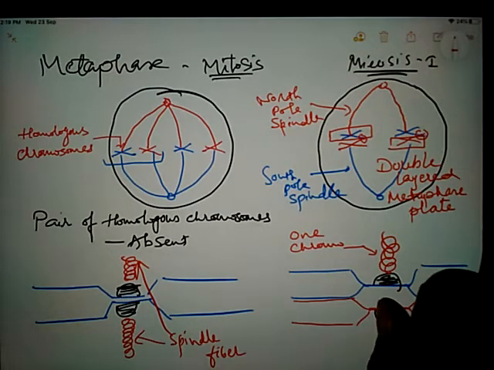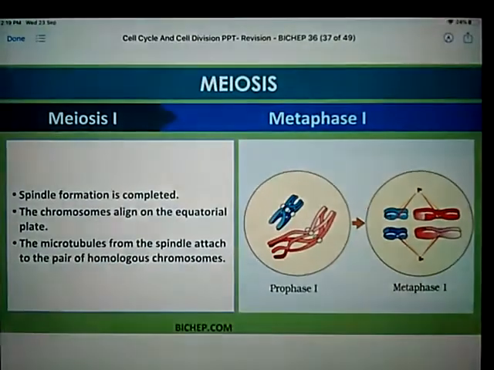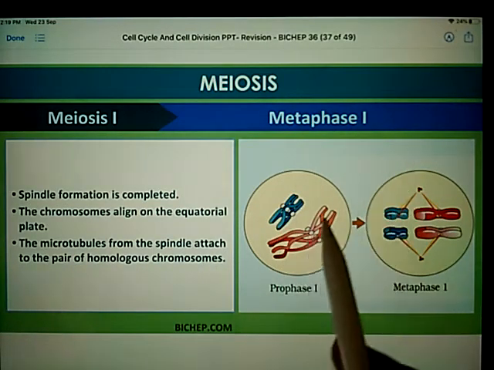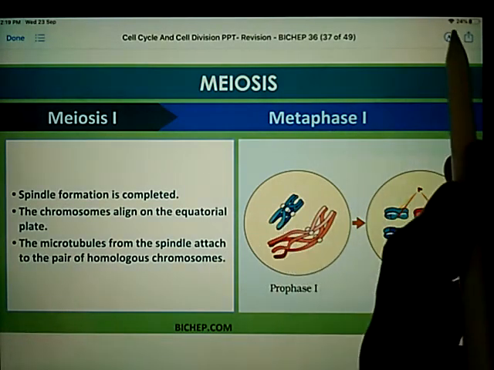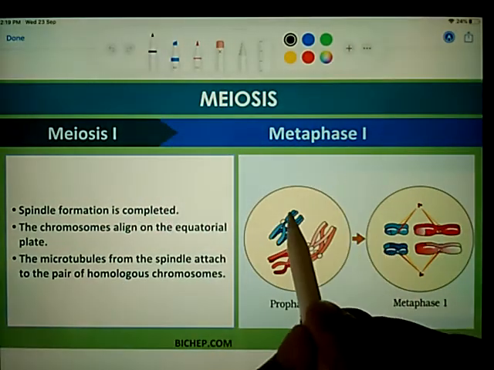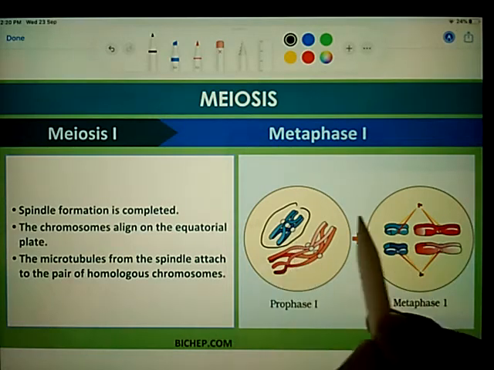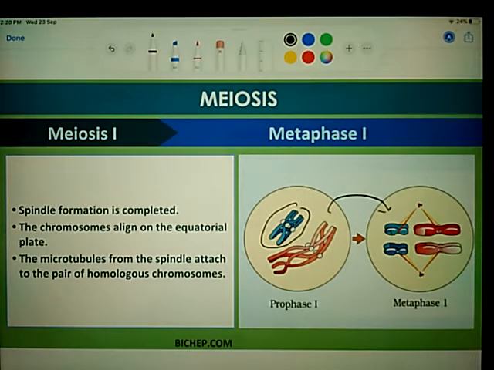Ready? So in metaphase 1, what you can see is a pair of chromosomes arranged into the metaphase plate like this.